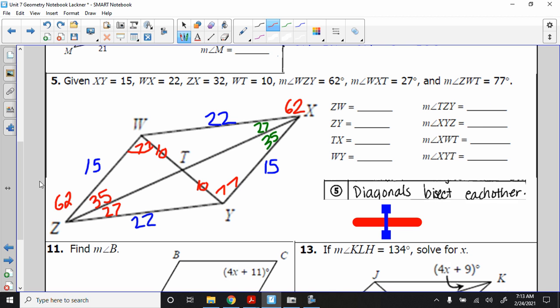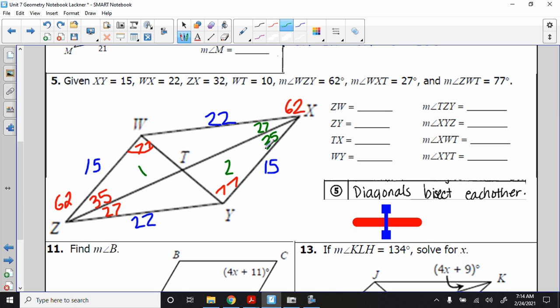Now, I know this is getting crazy with all these numbers, but watch this. How can I find some missing angles in here? Pay attention that you should have 4 triangles. And on this triangle, I'll name it triangle 1, and I'll name this triangle 2.